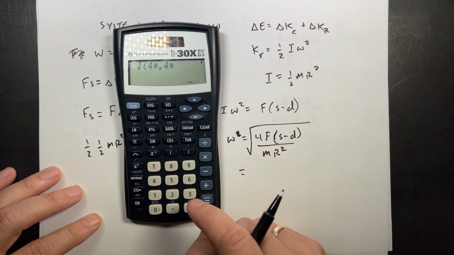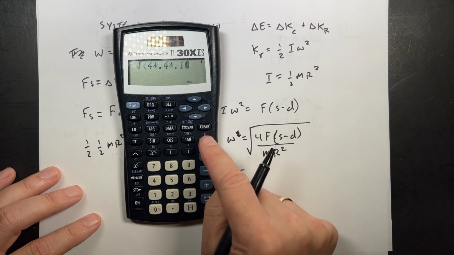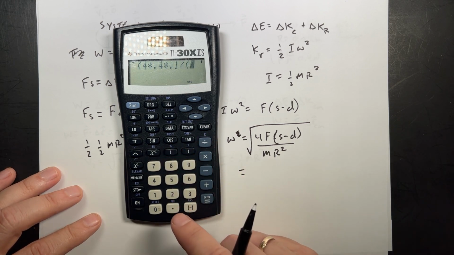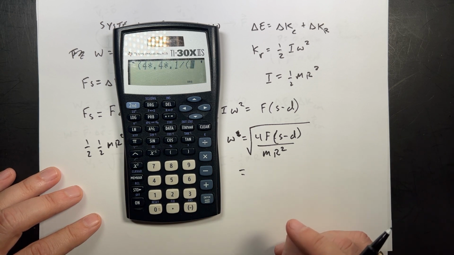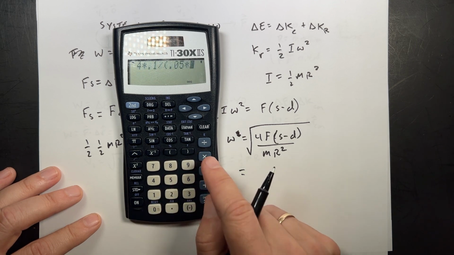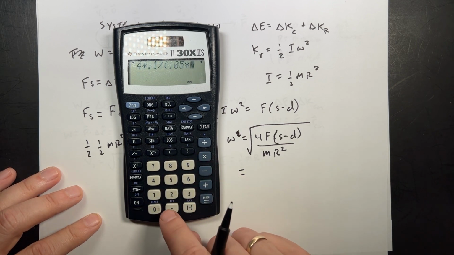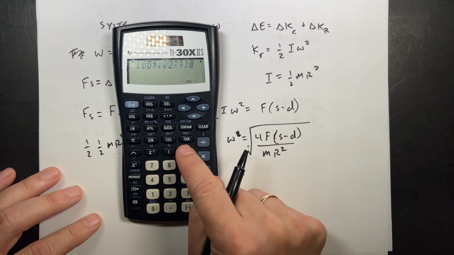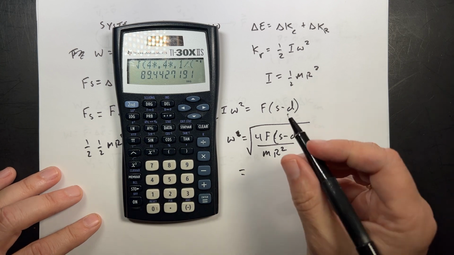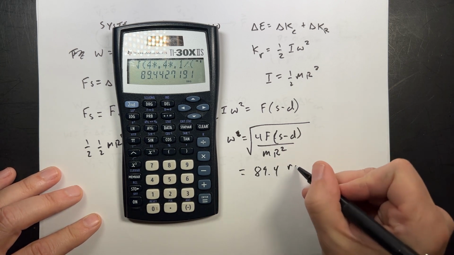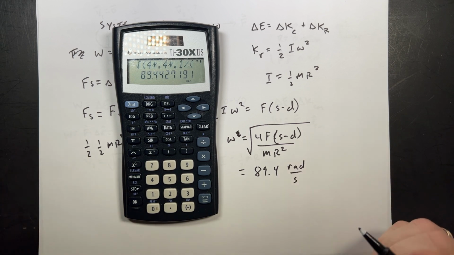So I'm just going to put 0.1, divided by, and I had to put another parentheses here, the mass was 0.05 times the radius, 0.02 squared, close parentheses, equals, and I get 89.4 radians per second. And that seems a little bit fast.